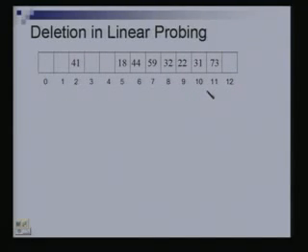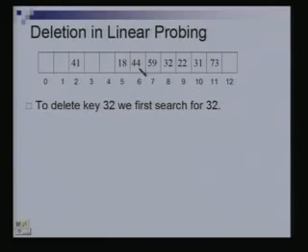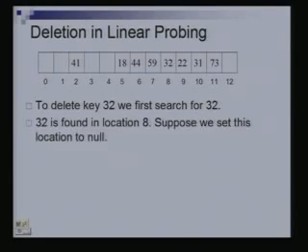How do you delete? Suppose this was my picture from the previous slide, and now I want to delete 32. So first I will have to search for 32, right? 32 mod 13 is 6, so I come here, it's not here, so I come here, it's not here, I come here, I find 32. 32 is found in location 8.